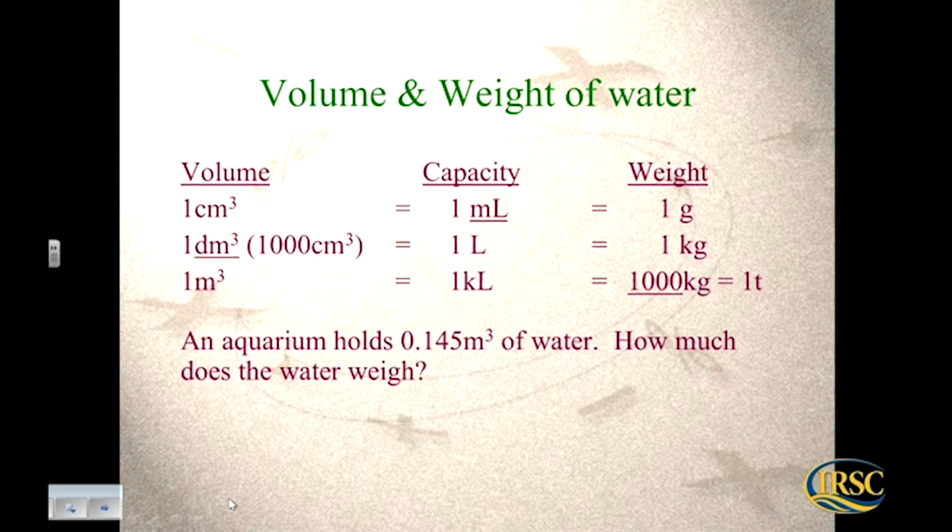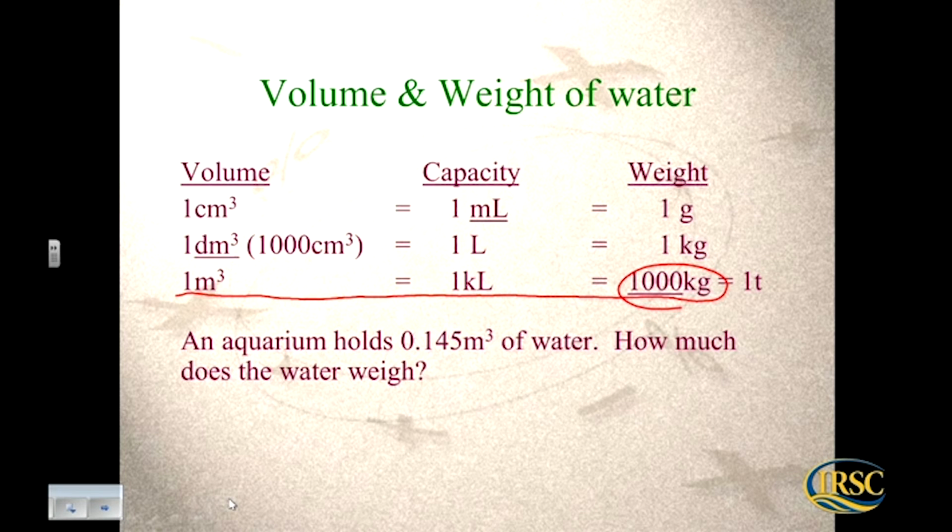Okay, so notice that we're going from volume to weight. So you need a comparison of cubic meters. Okay, but where did you get that from? What comparison did you use? Because 1 cubic meter is the same as, yeah, we want to go with 1 kilogram. The metric ton is going to be too big here.